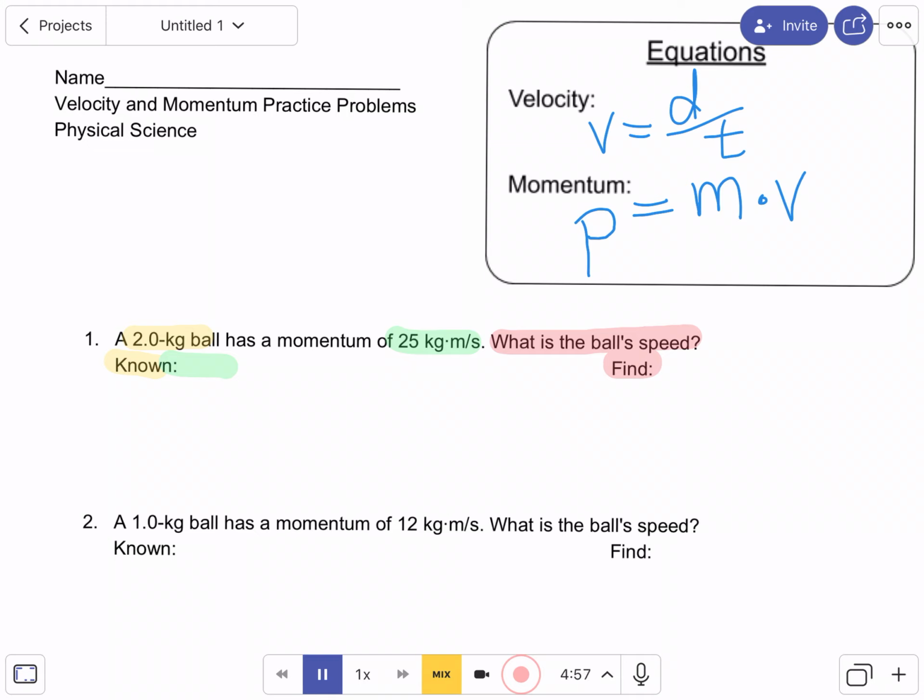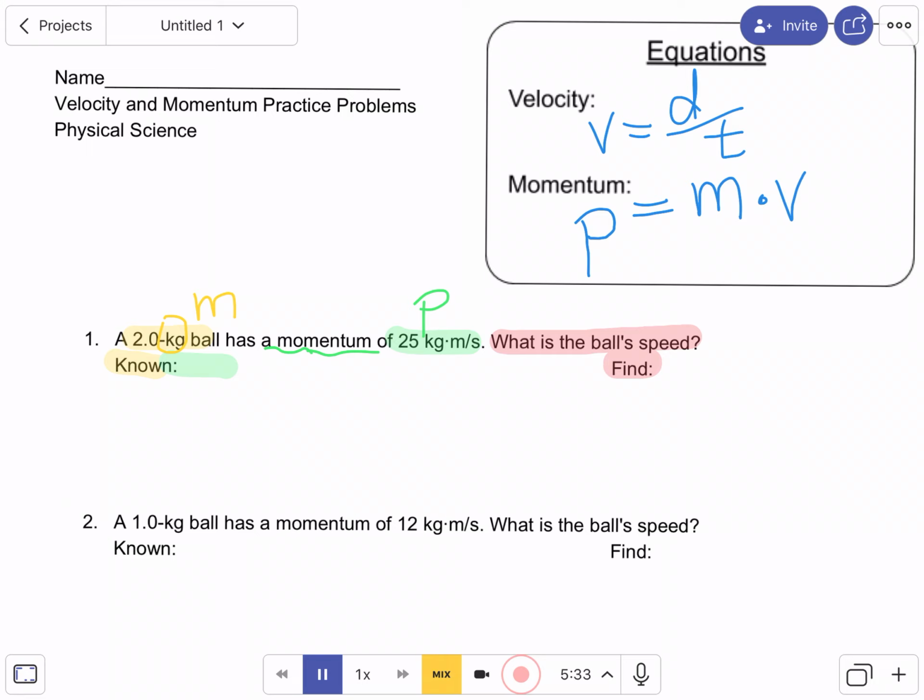So my known values, I'm going to fill these in now with what those actually are. So now that I've looked at all the data they've given me, all the numbers, I'm going to label them with what type of measurement it is. So I know I have a 2 kilogram ball, and I know that kilograms is the unit for mass. So I'm going to just label that as the mass, and then has a momentum of 25 kilogram meters per second. So this is a new unit for us to use, but they tell us that is the momentum, so I'm going to label that with a p.